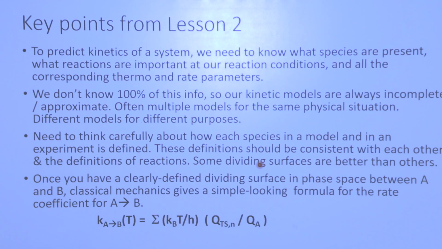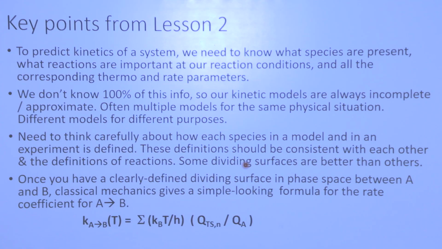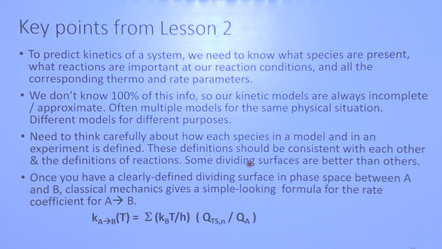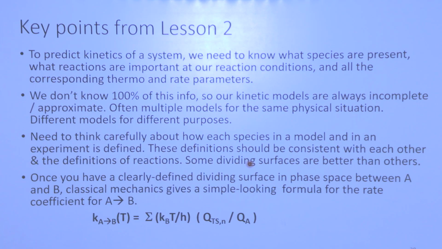All right, so key points. To predict the kinetics of a system, you need to know what's present. You need to know what reactions are important. And you need to know all the parameters, thermo and rates, and also transport and other stuff too. Unfortunately, we don't know it all. And so our kinetic models are always going to be approximate.